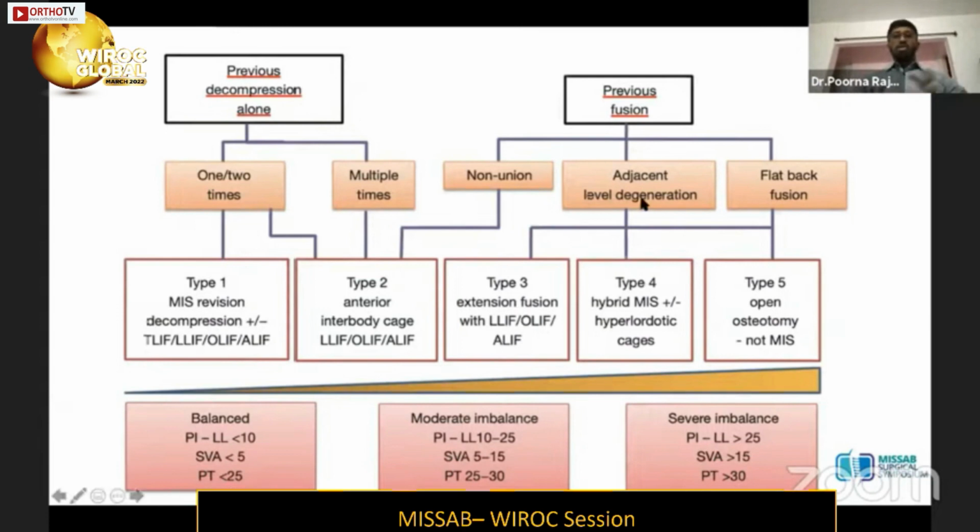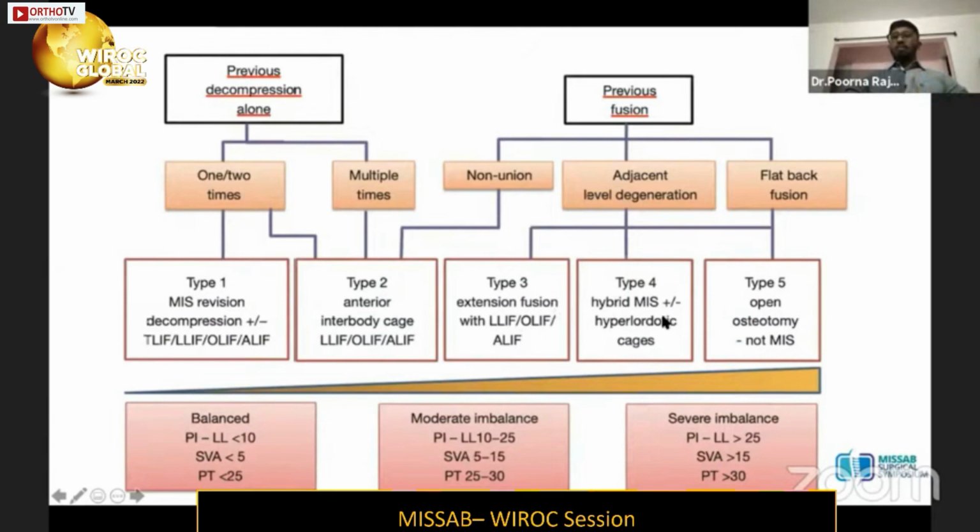Again, if adjacent segment degeneration is the problematic issue, then we have to assess their sagittal balance. If the segment already fused is in good lordosis, and adjacent segment degeneration is the only feature responsible for the sagittal imbalance, then they ask us to extend the fusion with L leaf, O leaf, or A leaf.